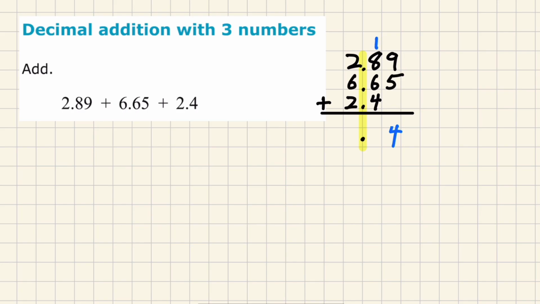Adding here, 8 and 1 is 9, plus 6, 15, plus 4, 19. So again, bringing down the 9 and carrying the 1. 1 plus 2 is 3, plus 6 is 9, plus 2 is 11. 11.94 is our total.